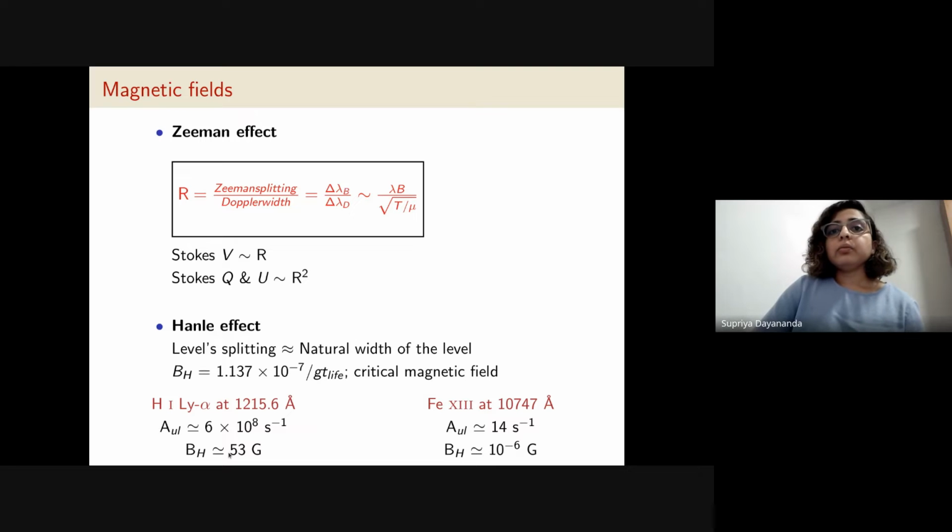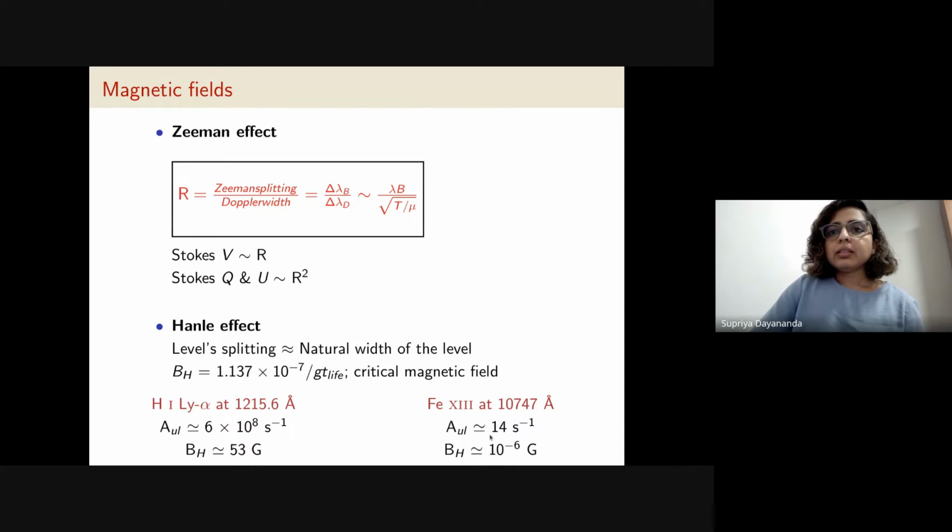Whereas, if you take an example of a forbidden line, the 10747 line of iron 13, the radiative transition coefficient for this line is very low, or in other terms, the levels involved in the transition of this line are very long-lived.